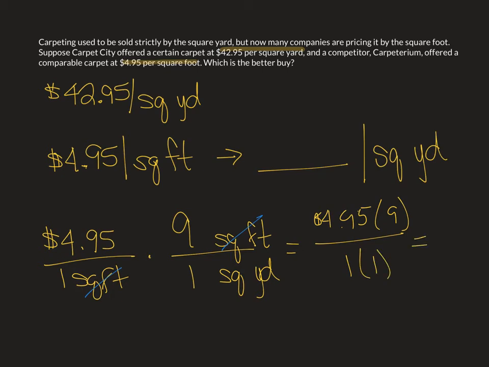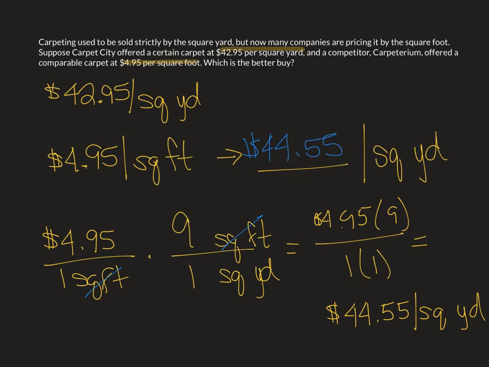So you should get, when you do 4.95 times 9, $44.55 per square yard. So I'm just going to rewrite that up here in our problem so we can do this quick comparison.